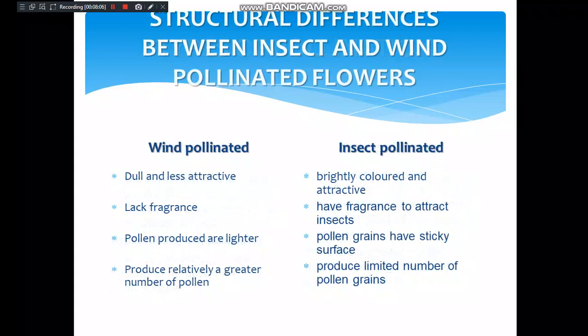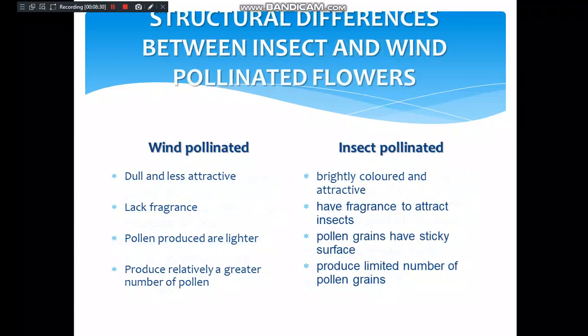Structural differences between insect and wind pollinated flowers. You are going to notice that wind pollinated flowers are dull and less attractive. However, insect pollinated flowers will usually be brightly colored and attractive, of course, to attract the insects.